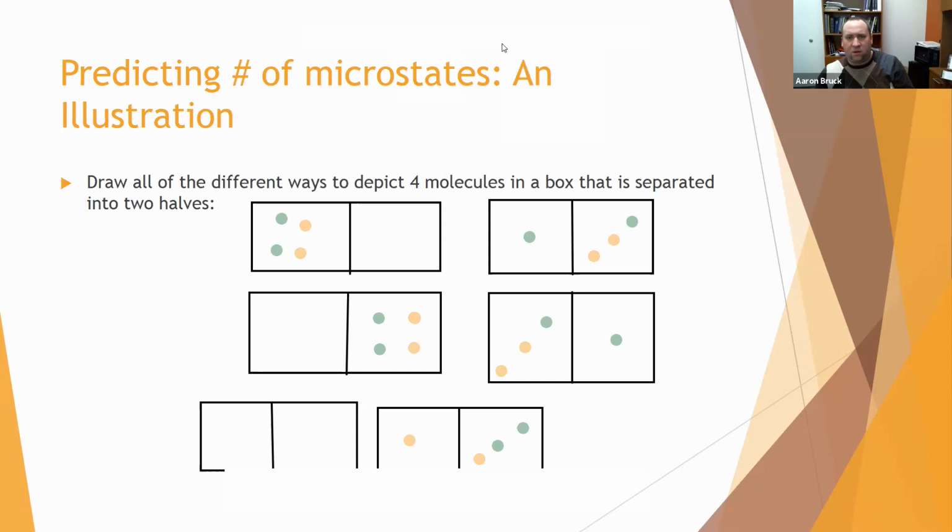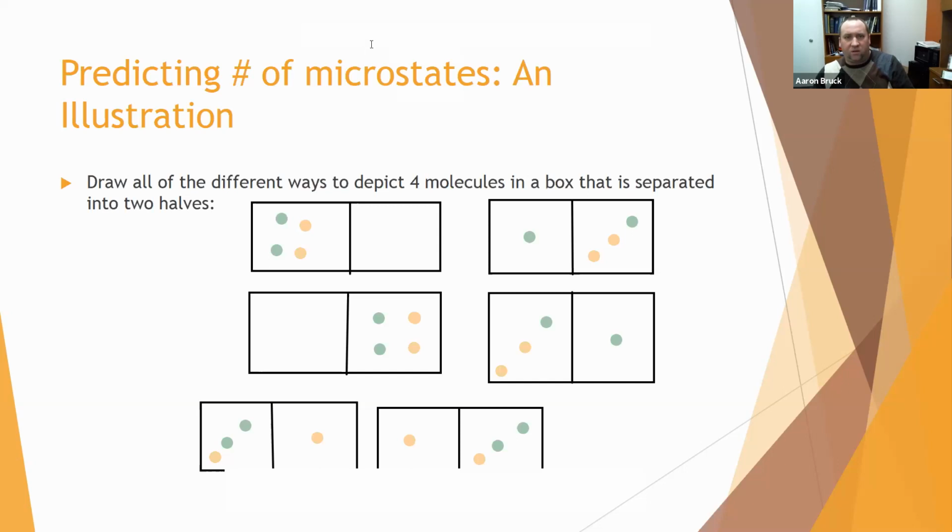So an orange dot on the right-hand side, orange and green dots on the left-hand side. And then finally, I've got double dots on both sides.